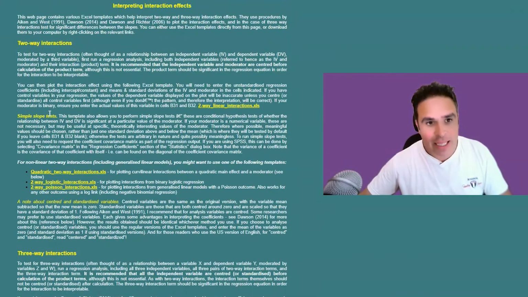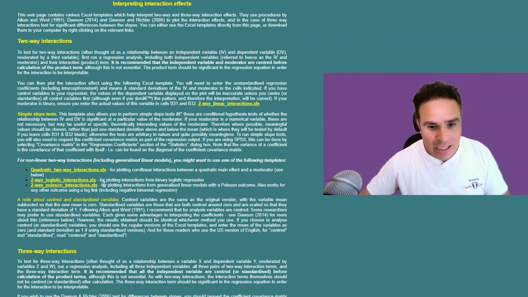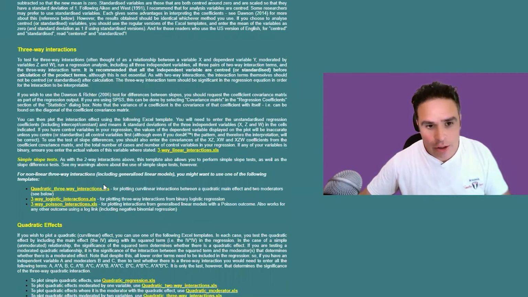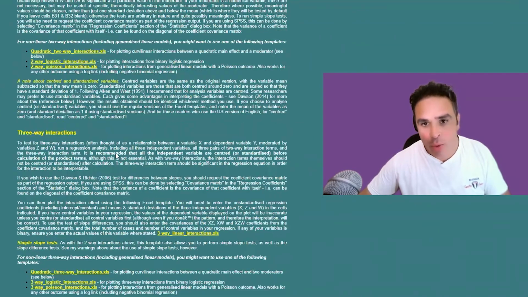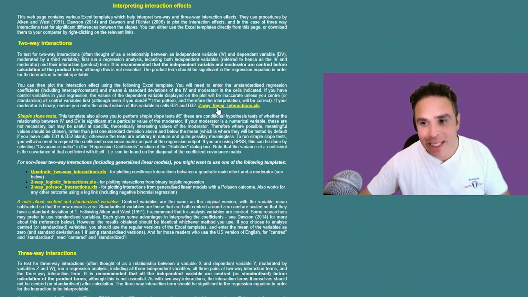If we go into this website, we'll get to this page. Since we're using the simple slope tests here, the two-way interaction, it's not three-way, it's two-way here, I would go with this link, the two-way linear interaction.